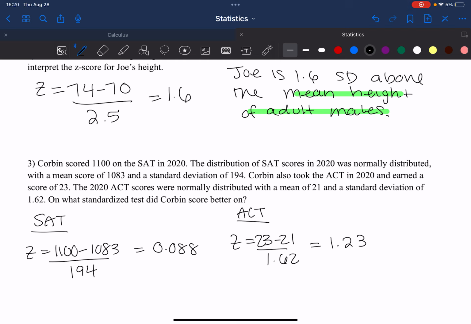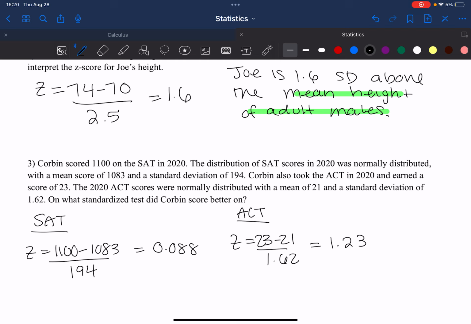So since both of these z-scores are positive, we know that they're both above the mean, but since his ACT z-score is higher or more above the mean than his SAT scores, this tells us that he did better on ACT versus SAT.